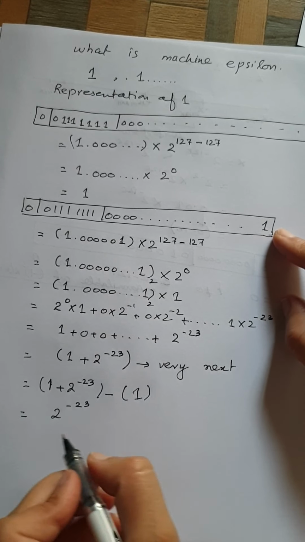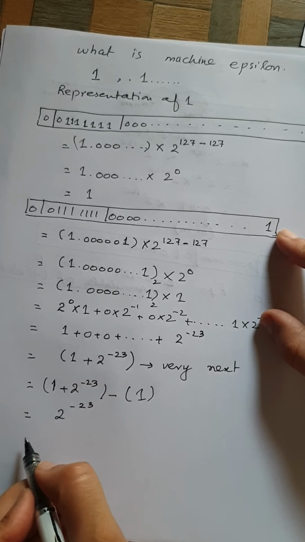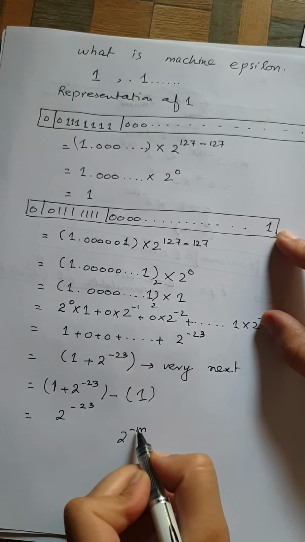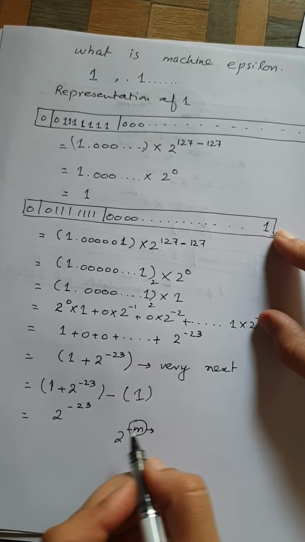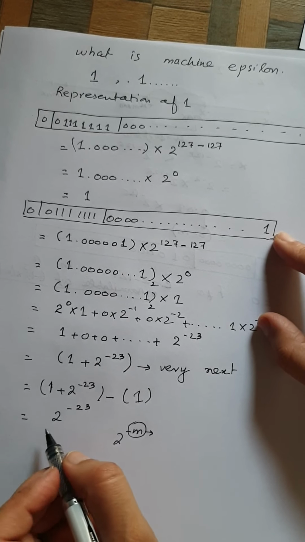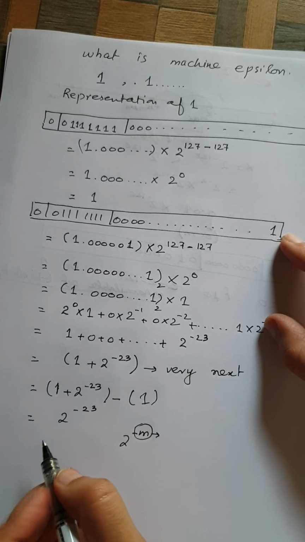So we can directly find the machine epsilon for any given bit pattern by calculating 2 raised to power minus m, where m is the number of bits in the mantissa. This is the smallest difference between two consecutive numbers present in the single precision representation.